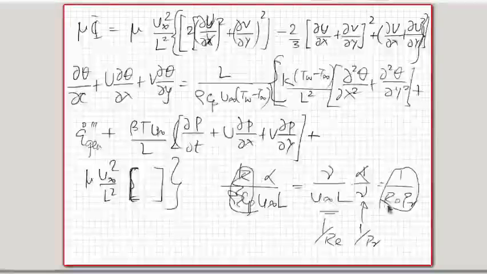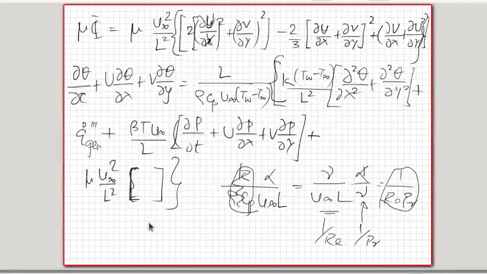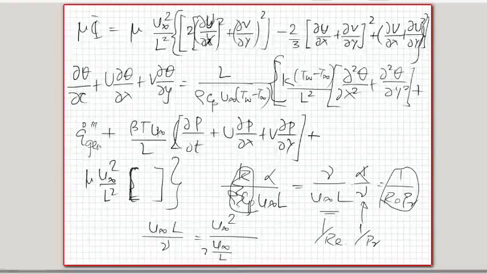How do I understand this? Re is U infinity into L by nu. Normally we write it as U infinity squared by U infinity by L into nu.